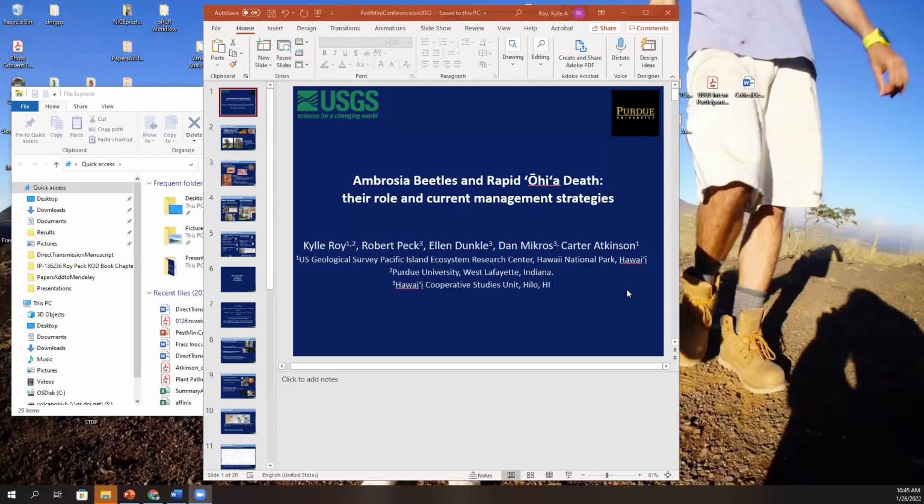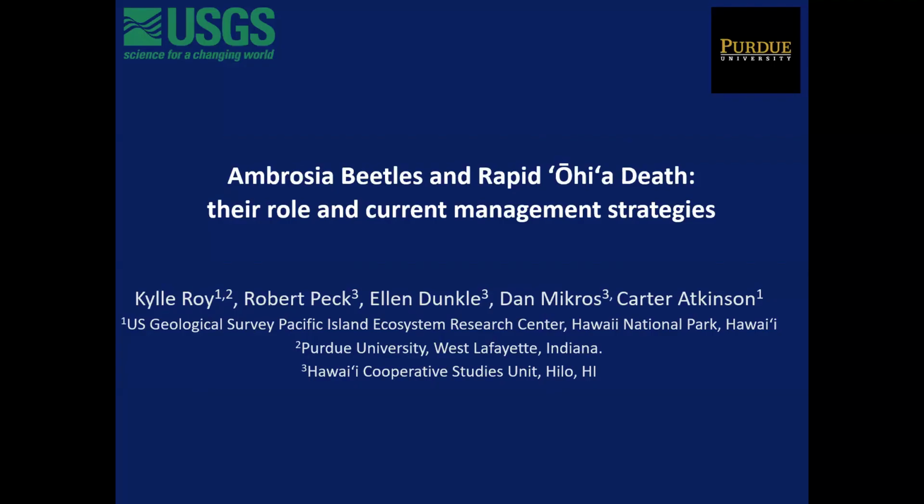Good. So our next presentation is from Kylie Roy. She's a geneticist from the U.S. Geological Survey based on Volcano, Big Island. Even though she's a geneticist, she does entomological work. She's a key member of a project studying the role of ambrosia beetles in the spread of rapid ohia death in Hawaii. I think she recently graduated from Purdue University.